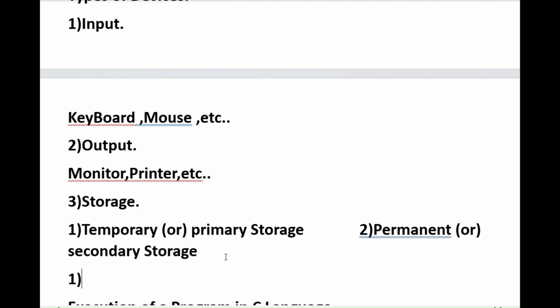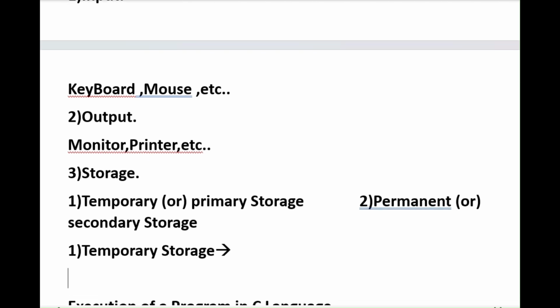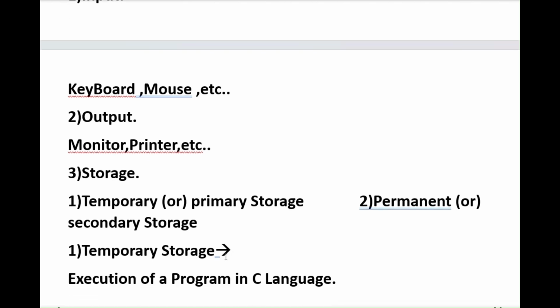Let's see. First one is temporary storage. The storage that comes under temporary storage is RAM or ROM.